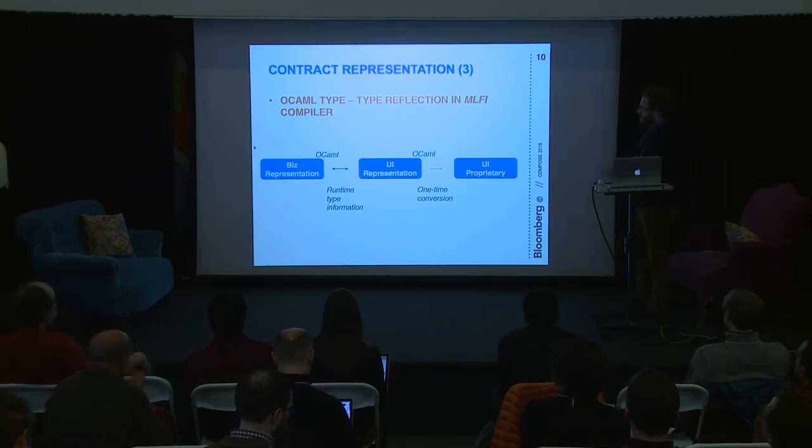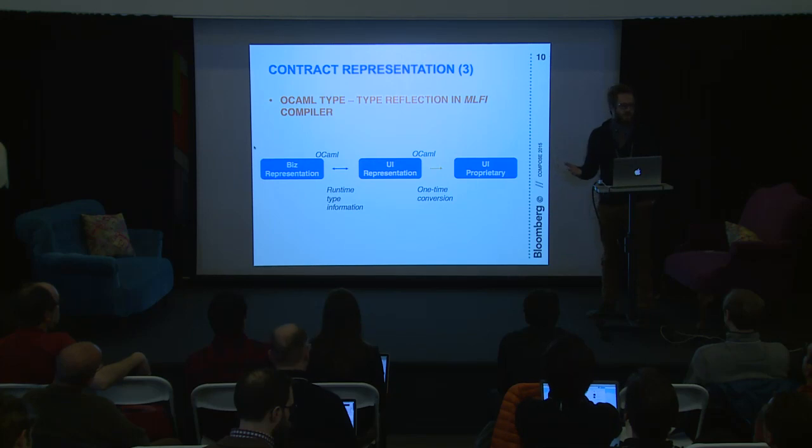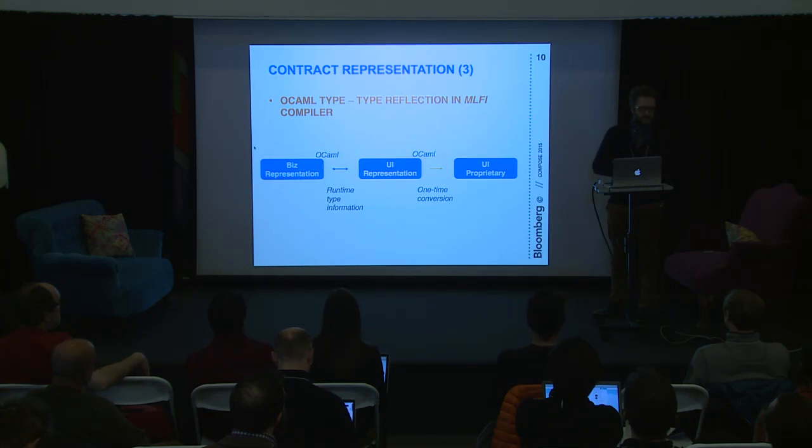So the idea was to use a slightly modified version of the OCaml compiler to get runtime type information. And using that runtime type information, you could actually generate a UI representation. From this, you would write only one-time code, which transformed the UI representation to the proprietary UI toolkit. So really, the code here is much smaller.